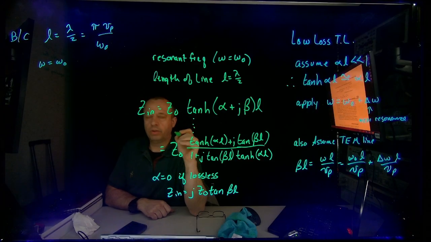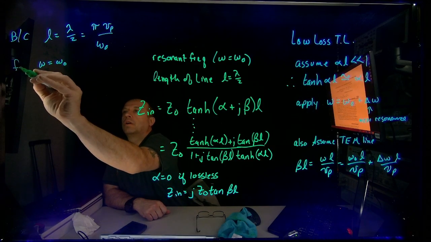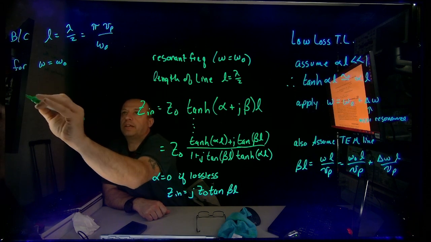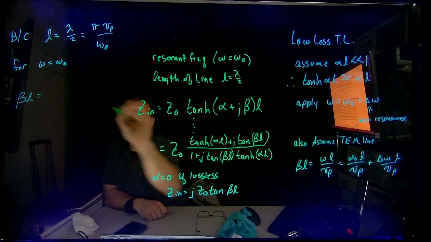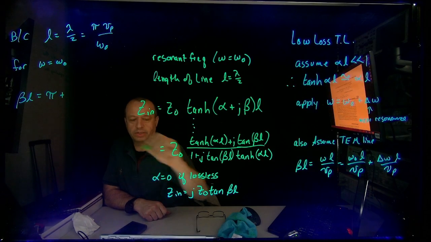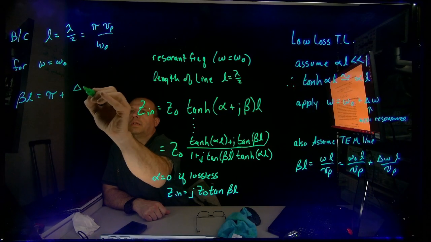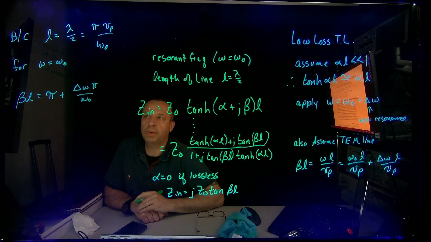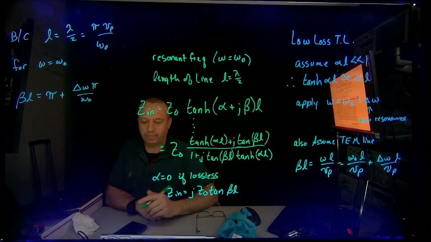And now, for omega equals omega naught, we need to state that beta L is equal to this pi plus this delta omega pi over omega naught. So we're applying these conditions to beta L in order to get a new beta L.